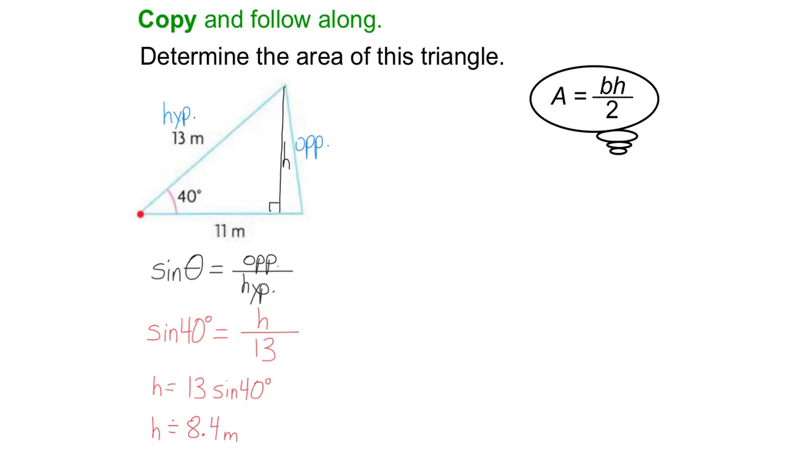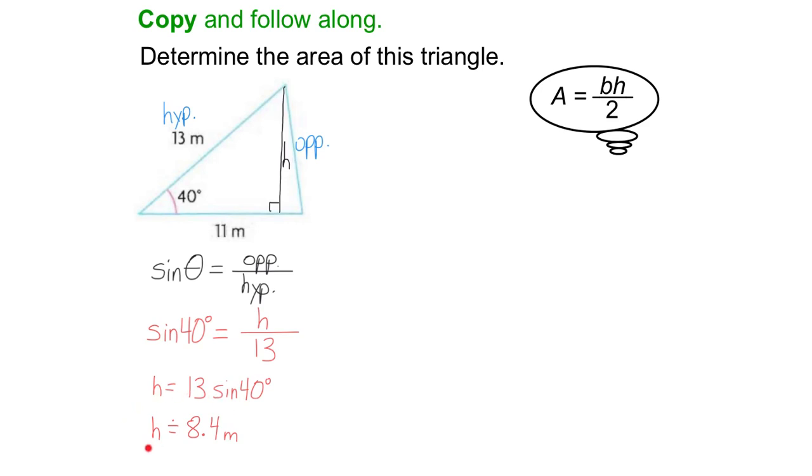So I don't know how far it is from here to here. I can't use the adjacent side in my calculation. That's why I chose to use the hypotenuse instead, because I know what it is. So if you thought you could use cosine to solve for the height, you would not be right, since you don't know what the adjacent side is.